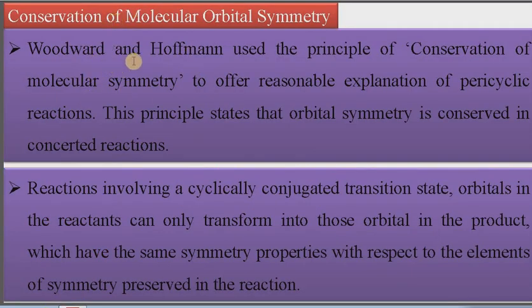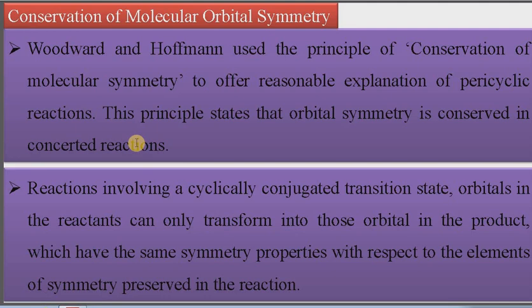Next is conservation of molecular orbital symmetry. What is the meaning of this conservation of molecular orbital symmetry? It means that during the course of these reactions, the symmetry of the molecular orbitals of the reactant will be conserved during the conversion of them into products.